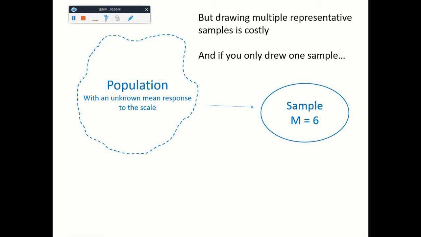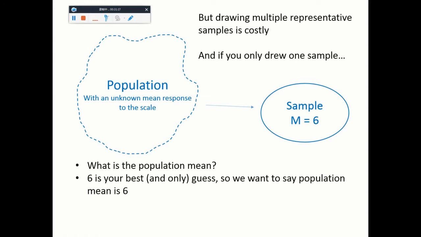And that's your only sample. So what do you think the population mean is? That's a tricky question, isn't it? You have only one sample, and I'm asking you, what is the likely population mean? Well, the intuitive answer is, I want to say 6.